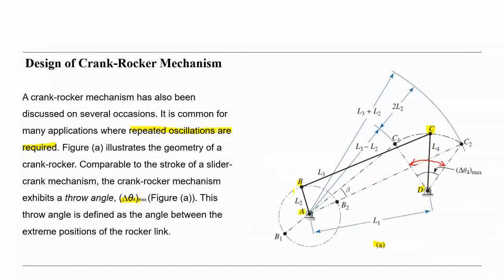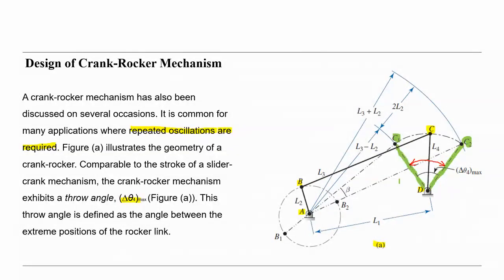So this is the extreme position, that means limiting position. These two positions are limiting positions. So this is the C1 here, and this is the C2 position here.